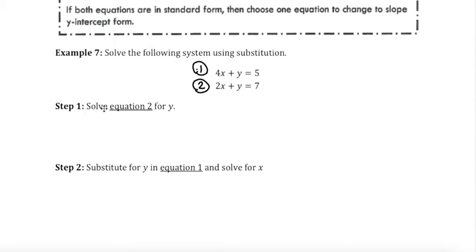Step number 1 in this problem says to solve equation 2 for y. You could also solve equation 1 for y. What we want to do is isolate a variable from one of our equations.